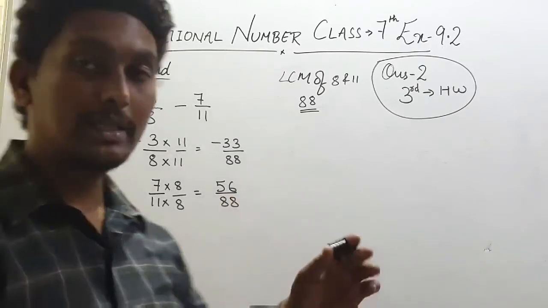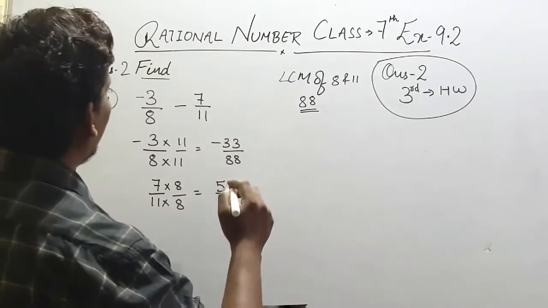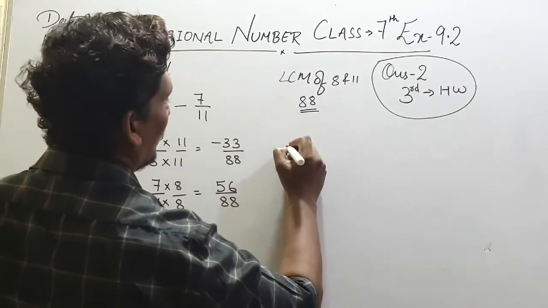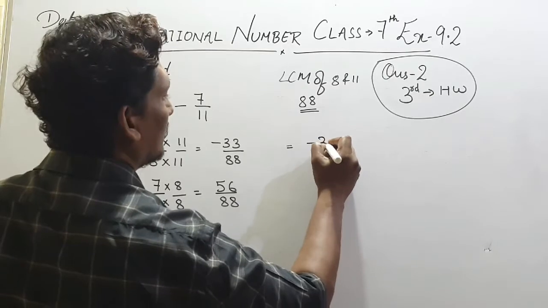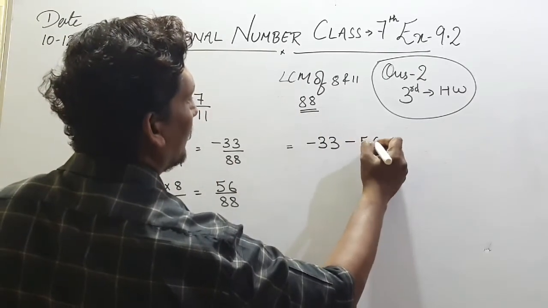So after getting the LCM, we make the denominator the same. So the question is minus 33 minus 56.